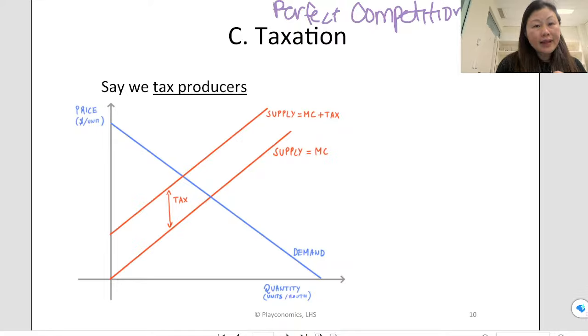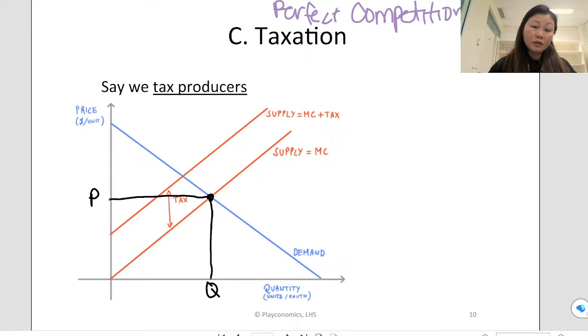And let me label this as P. This is your equilibrium price and equilibrium quantity. Or you can put QE and PE, but P is fine.